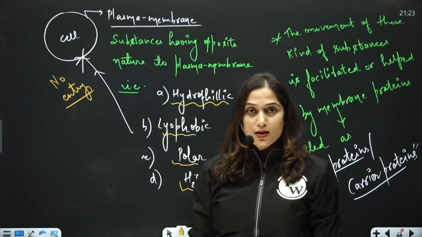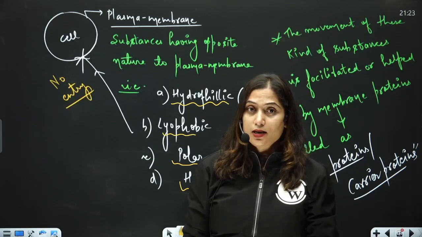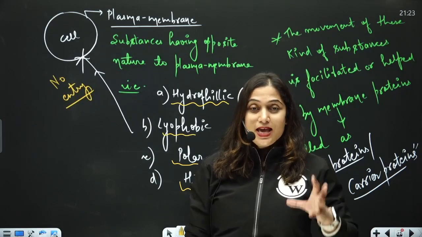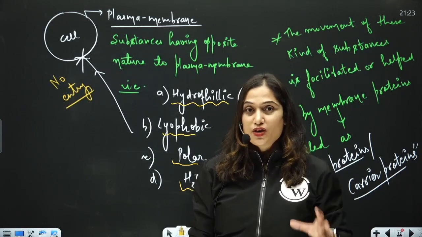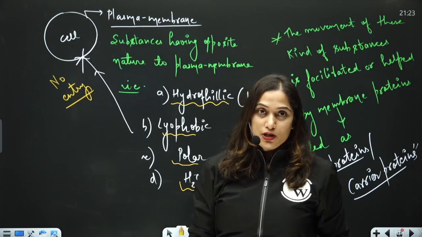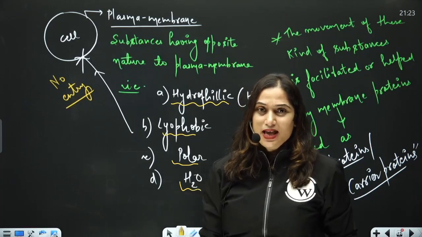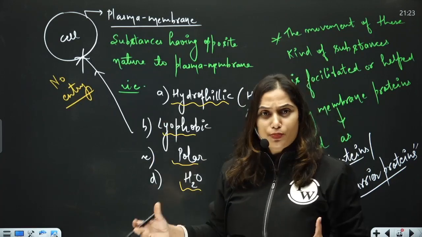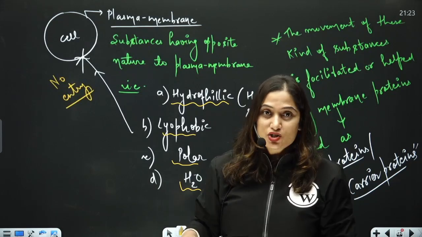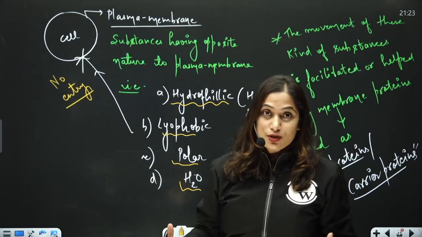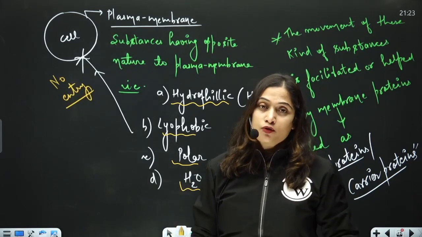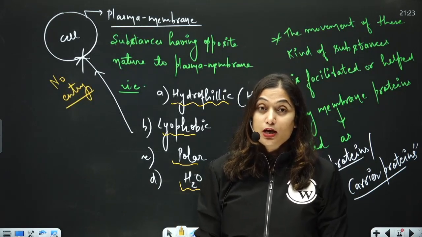That is downhill, that is down the gradient, along the gradient. But here the diffusion is helped by, or facilitated by, carrier proteins or channel proteins or membrane proteins. They are helping these kind of molecules which have opposite nature to that of the plasma membrane to cross the membrane without charging anything, without the expenditure of energy. But their condition is that they can do this work only from the area of high concentration to the area of low concentration.